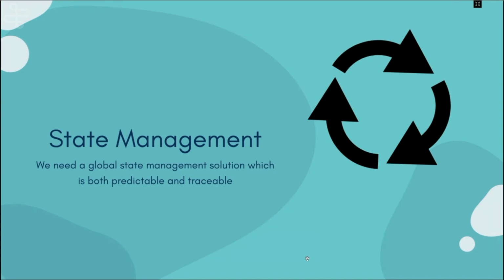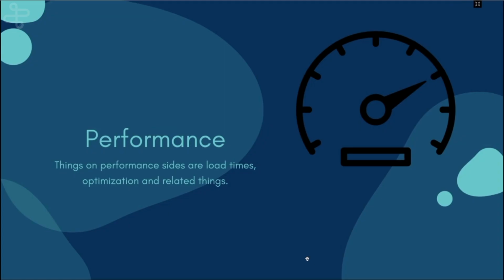Then comes the performance part, in which every front-end developer is concerned that his web application is performing well, like it's good in load times, it's good in optimization and all the related things. So there are many techniques to do this as well.